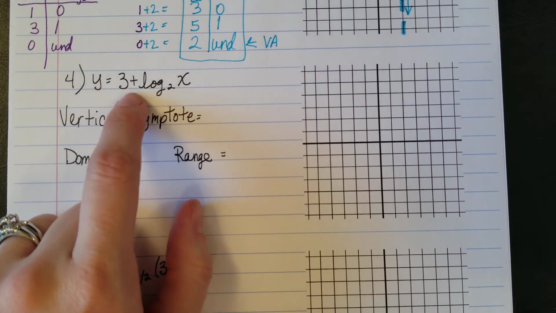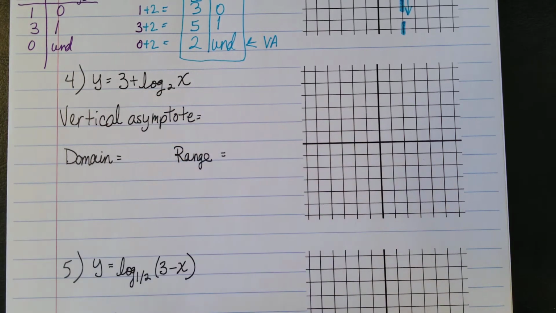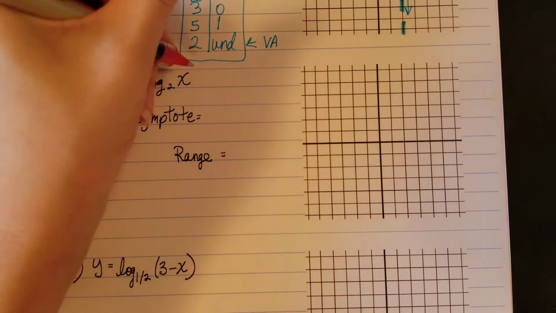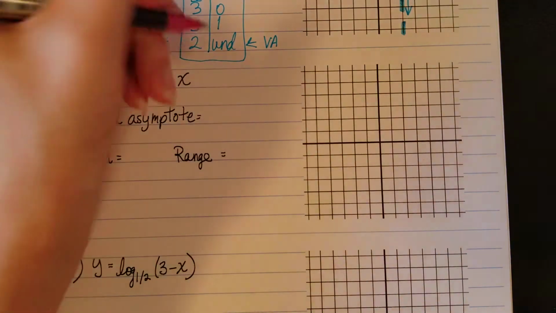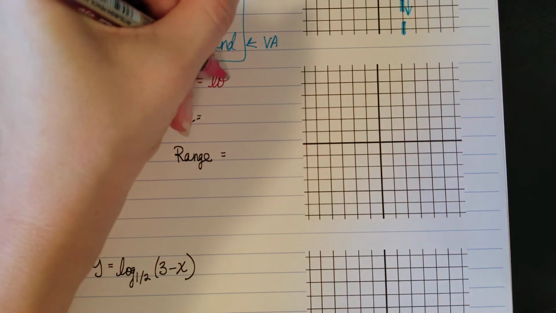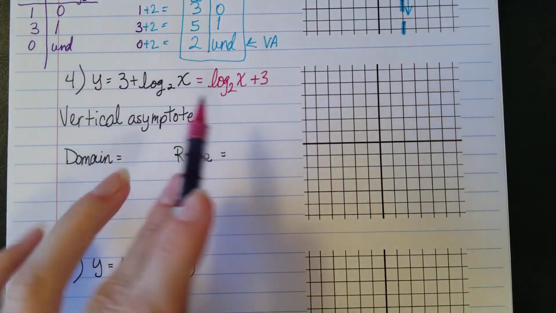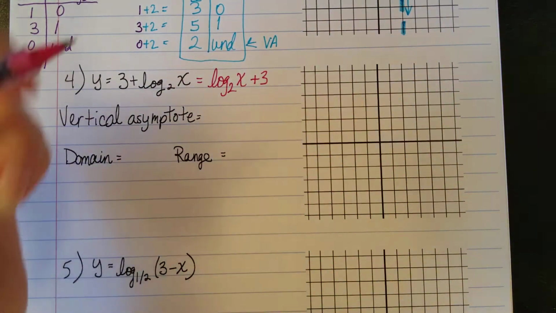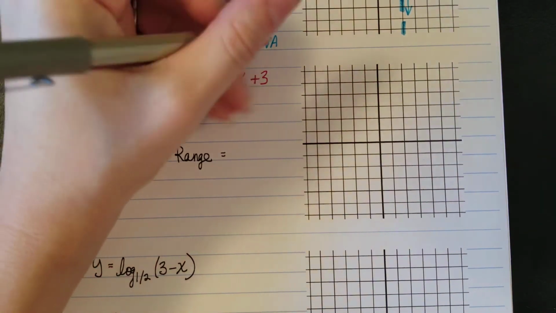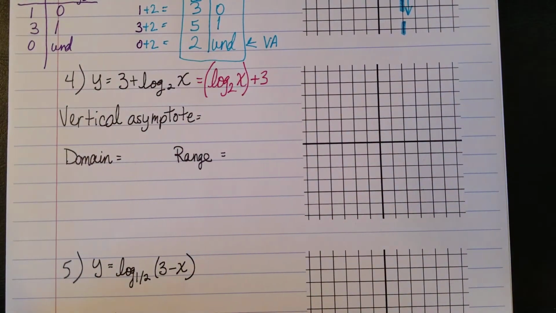I think the reason they put that in the front is to make it more obvious that it's not attached to the x. We could write it like this: log base 2 of x plus 3. But again, we want to make sure we know that plus 3 is not attached to the x. So you could emphasize that by writing it like that. That looks a little more like what we're used to.